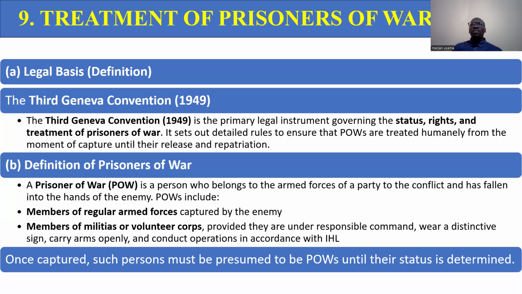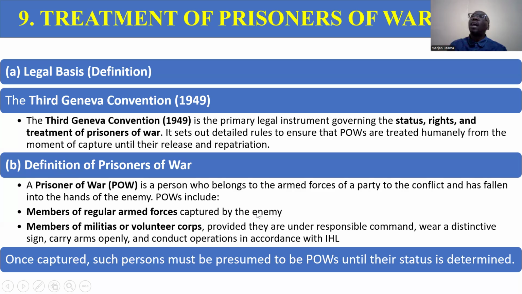The same thing in Russia and Ukraine. You find that they are prisoners of war in Russia. They are originally from Ukraine, but they're now in Russia. They were arrested. The same thing, you find that there are prisoners of war from Russia who are in Ukraine. So that is the first definition. Also, members of regular armed forces captured by the army.